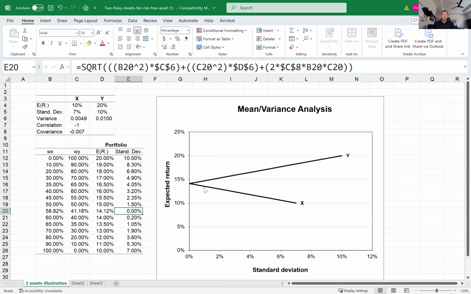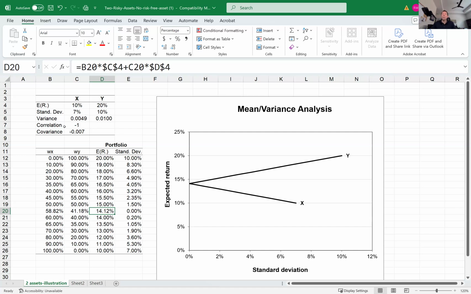In this particular case, the expected return is quite high at 14.12%. Now, in the real world, you're probably not going to get an expected return that high when you combine two assets and get rid of the risk between them, because that would be arbitraged away. Everybody would want to do that because that's a huge return with 0 risk.